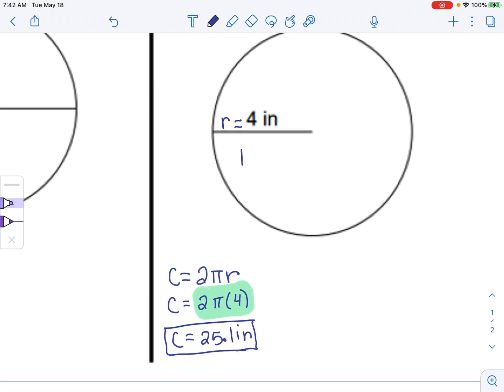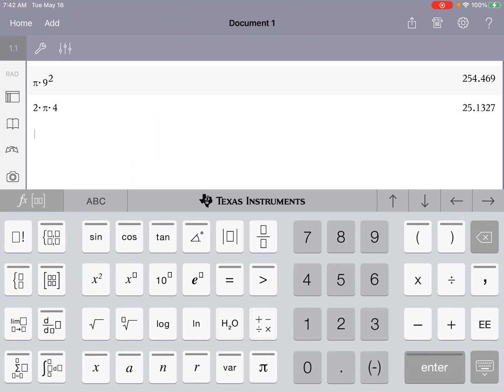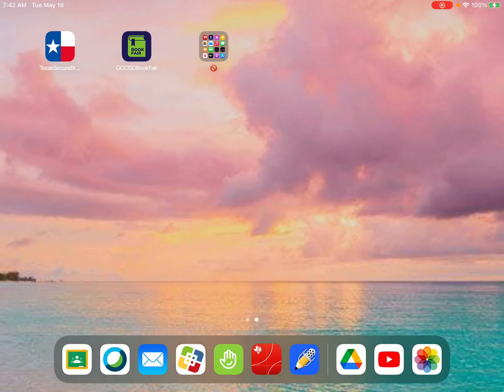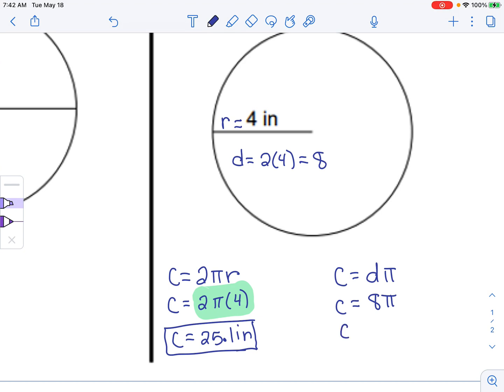So if I wanted to use my diameter, it's going to be 2 times 4, which is 8. So if I do the diameter times pi, I get 8 times pi. 8 times pi is still 25.1. So just so you know that they are the same. Doesn't matter which method you decide to use.